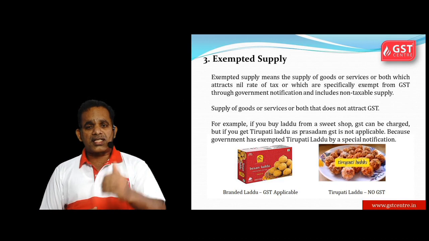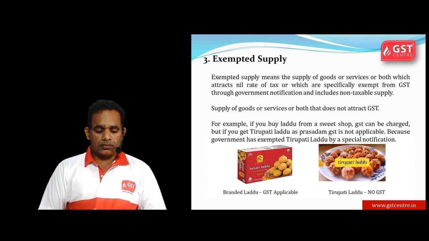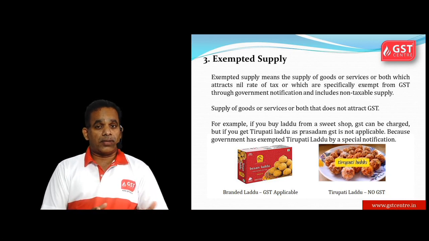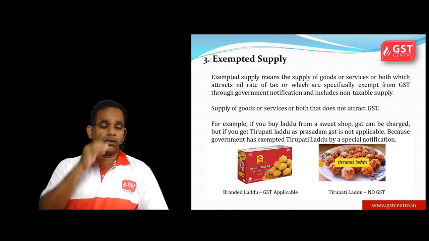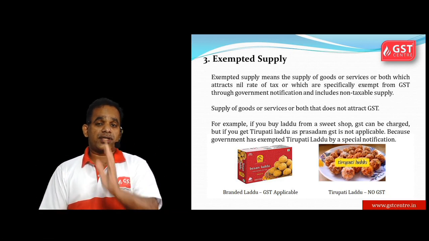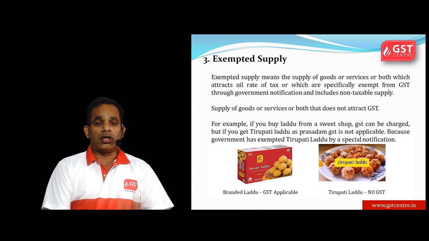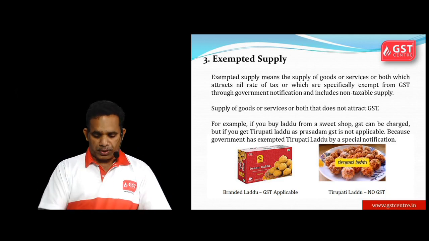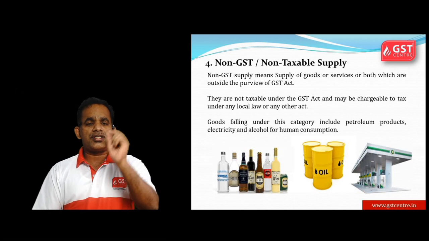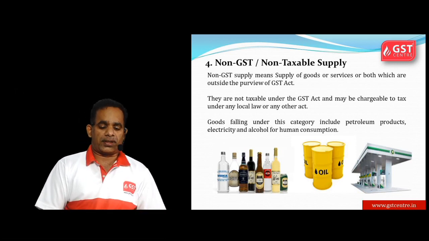And when you are purchasing any branded laddu from any bakery like that, GST is applicable. But when you go to Tirupati and get laddu from there, there is no GST. That is the difference between exempted supplies and the normal supplies.